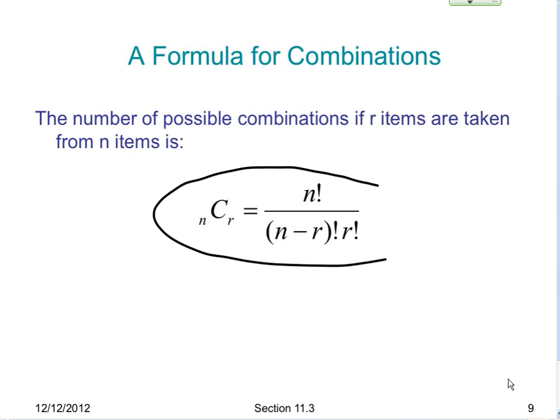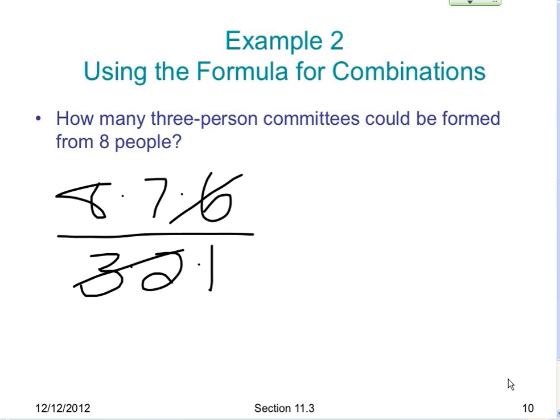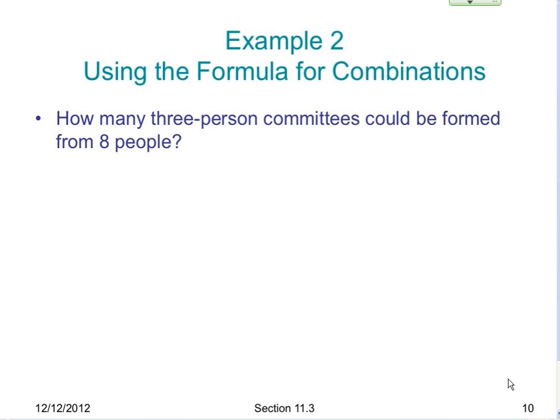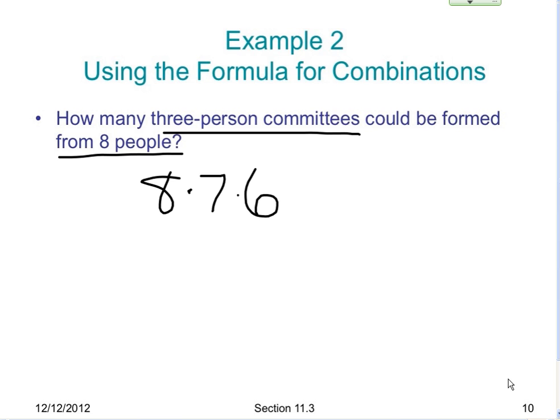There's a formula for combinations. Again, with combinations, usually it's easier just to do the problem rather than trying to worry about memorizing the formula, but if you would like to use a formula, here it is. How many 3-person committees could be formed using 8 people? Well, remember when we were doing permutations, we would have 8 times 7 times 6, because there's a 3-person committee.